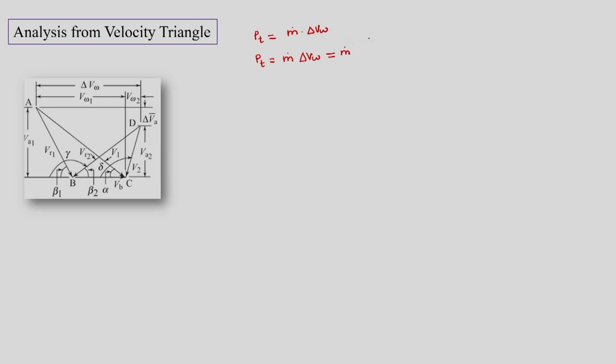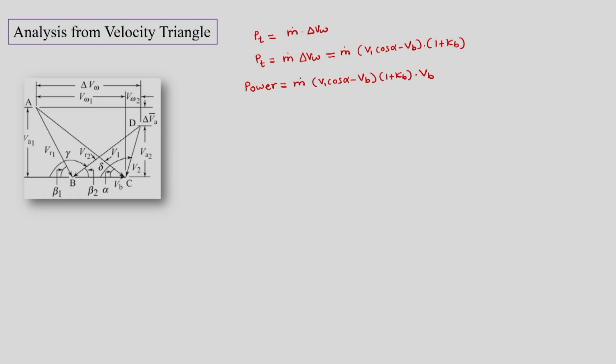So m dot into V1 cos alpha minus VB into 1 plus KB. This is our tangential thrust, or this is our torque. Now if we want to measure in terms of power, we will have power is equal to m dot into V1 cos alpha minus VB, 1 plus KB, into VB. So this is the power output of the turbine.